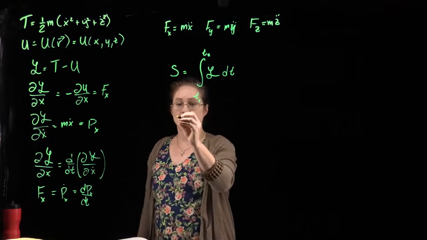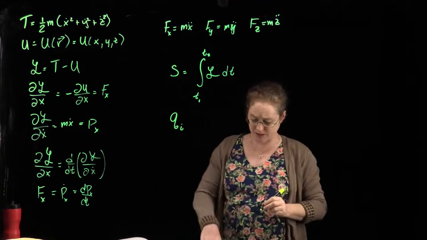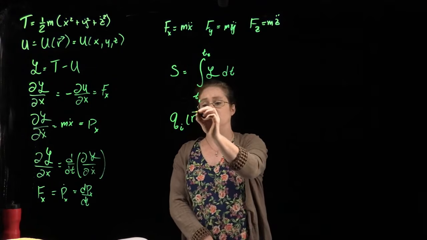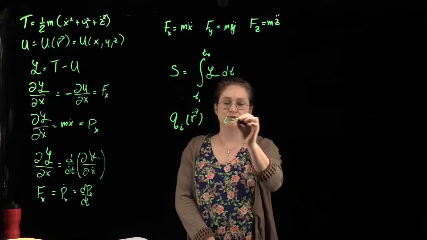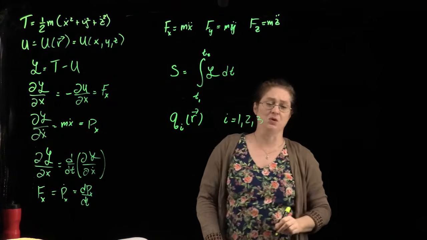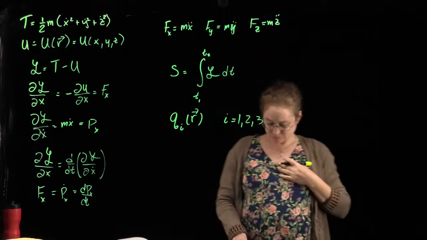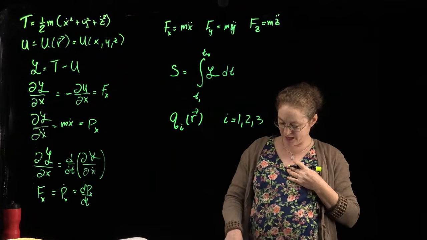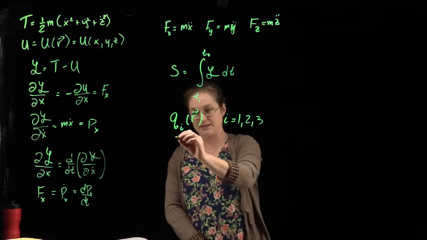We assume that if we're talking about one particle's motion in 3 dimensions, we will have 3 different q_i. I'm starting at 1 because the book does, but I'd rather start at 0. We have 3 different unique q_i for determining r exactly.